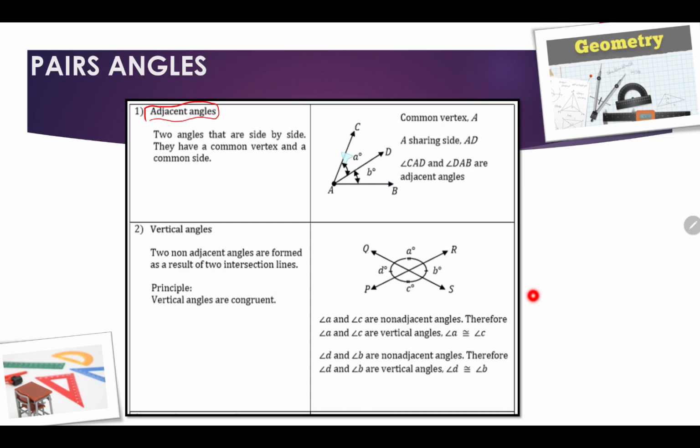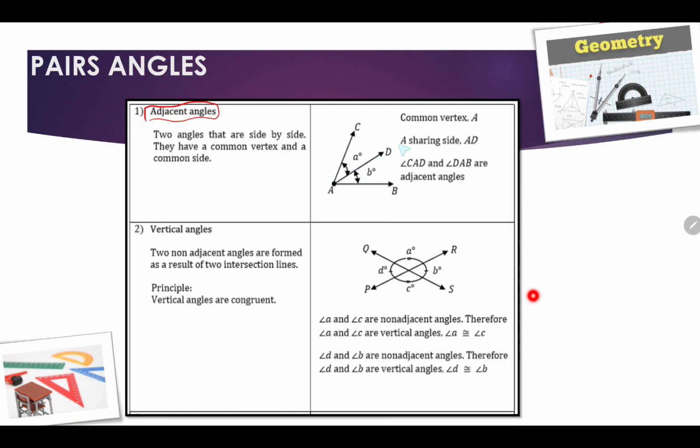Take a look at this figure. We have a common vertex here, and angle CAD and angle DAB share the same side, which is side AD.